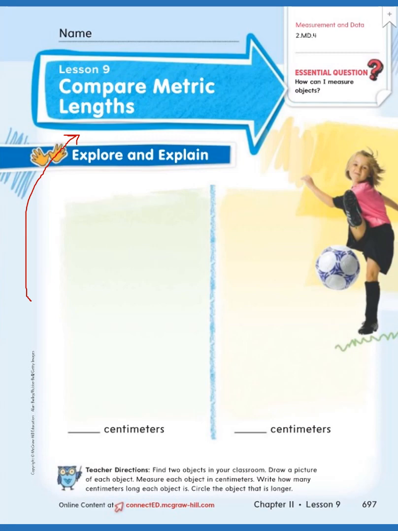Well, I'm not going to draw anything, but I'm going to show you a picture. There I've got a marker, a dry erase marker, and I have a crayon. Now, it just so happens that I know, because I measured them earlier, about how long these are. The marker is 14 centimeters, and the crayon that I measured was 10 centimeters.